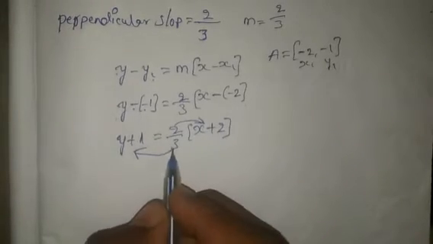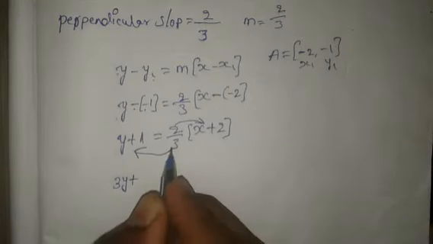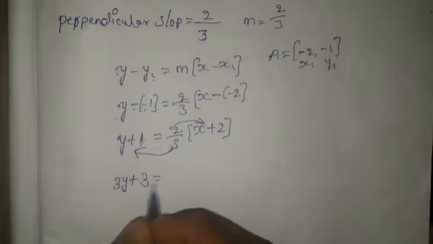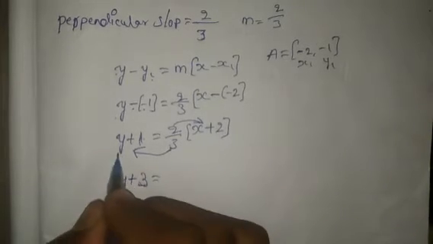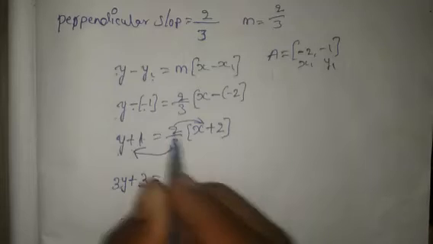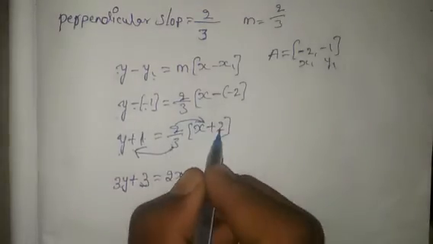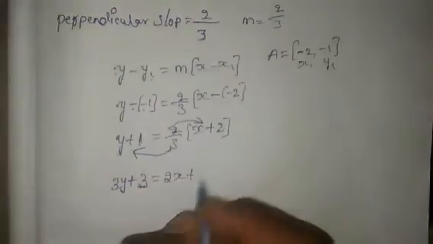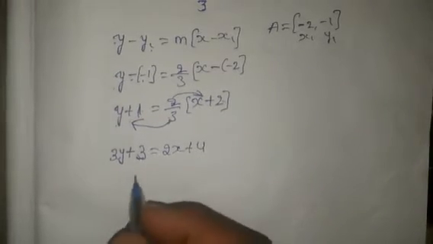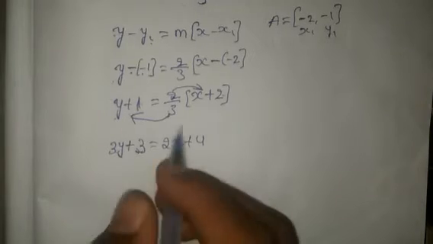So 3 into y is 3y, plus 3 into 1, that is 3, is equal to 2 into x, that is 2x, plus 2 into 2, that is 4. So we get the equation 3y plus 3 is equal to 2x plus 4. Now we have to write this.